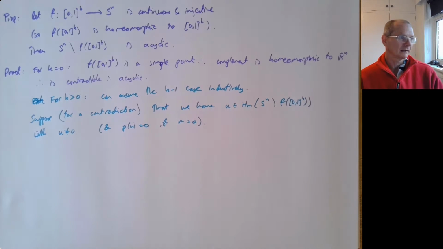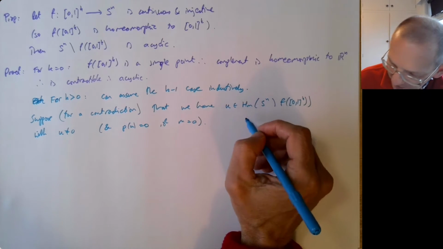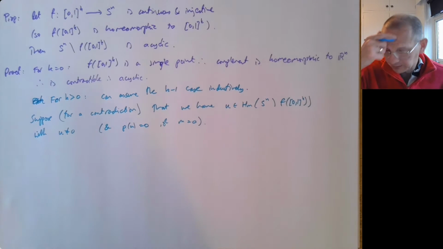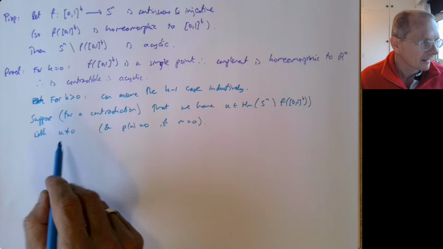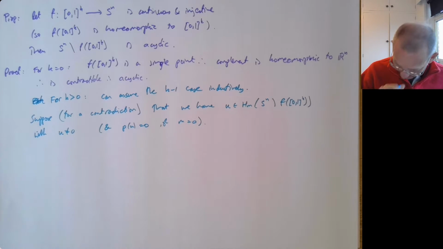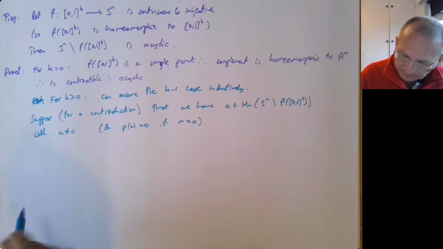Okay, so case m bigger than 0, you get a contradiction if there's any non-zero class at all. For m equals 0, for contradiction, we have to assume there's a class in the kernel of P that's non-zero.